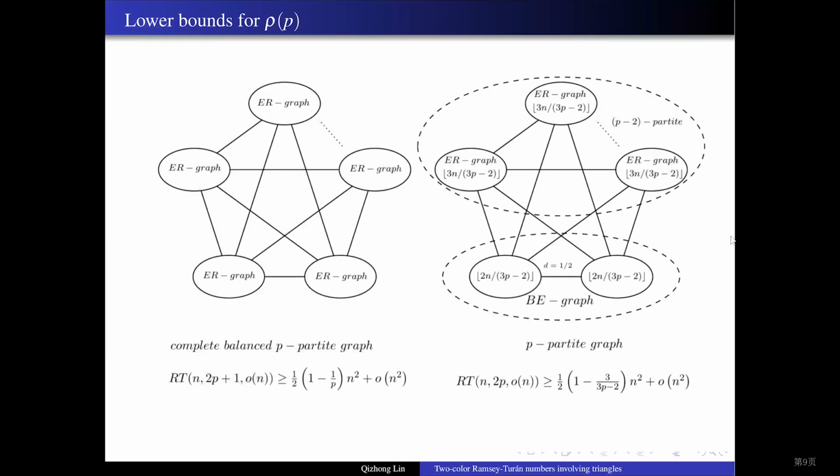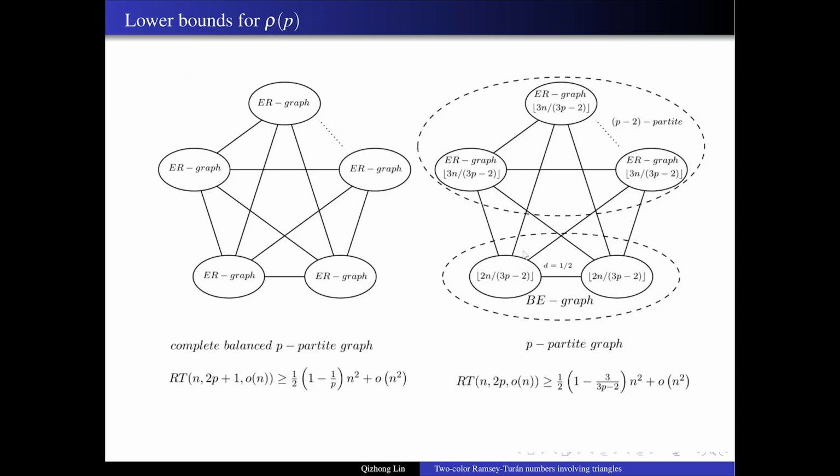For the odd case, we first have a balanced complete p-partite graph, and in order to destroy the large independent sets, we put an Erdős graph into each part. The situation for the even case is much different.